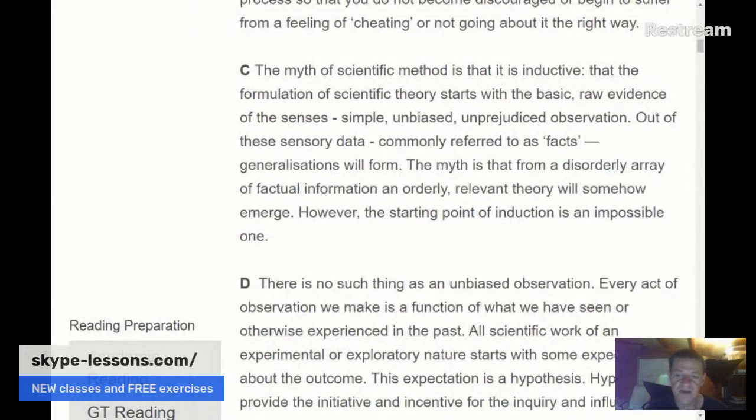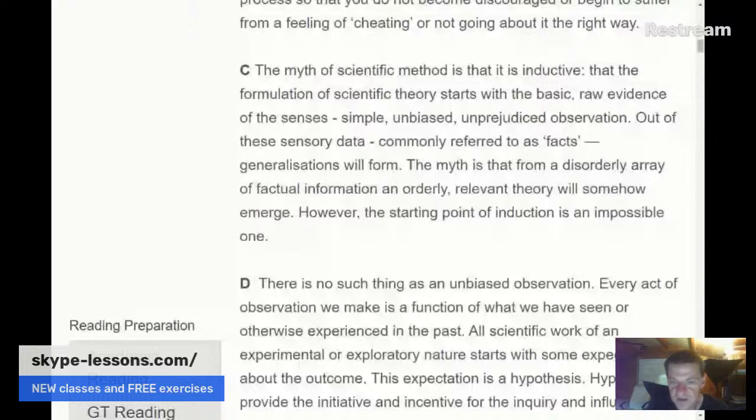The myth is that from a disorderly array of facts, of factual information, an orderly, relevant theory will somehow emerge. However, the starting point of induction is an impossible one. So we already see that the writer does not think that induction is involved in the scientific method. He seems to think that it's certainly the hypothetico-deductive method.